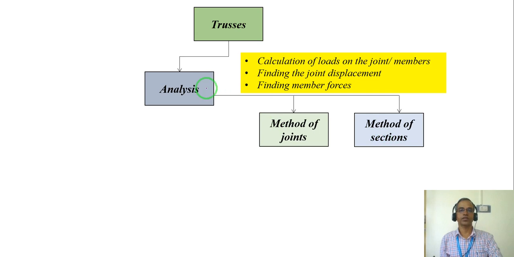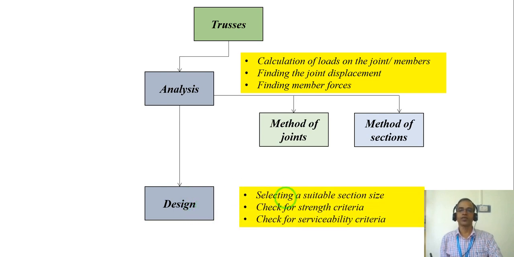Then after the analysis is carried out, the trusses are required to be designed. Design means we need to find a suitable section for the forces which we have worked out here, and find the strength criteria. That means what is the strength of that member.